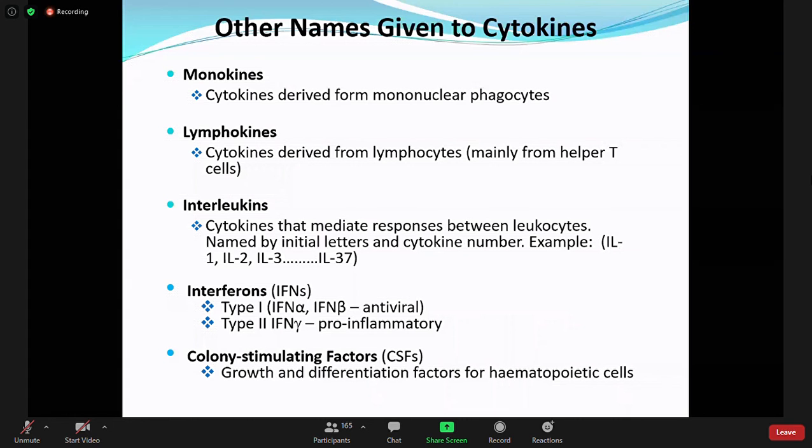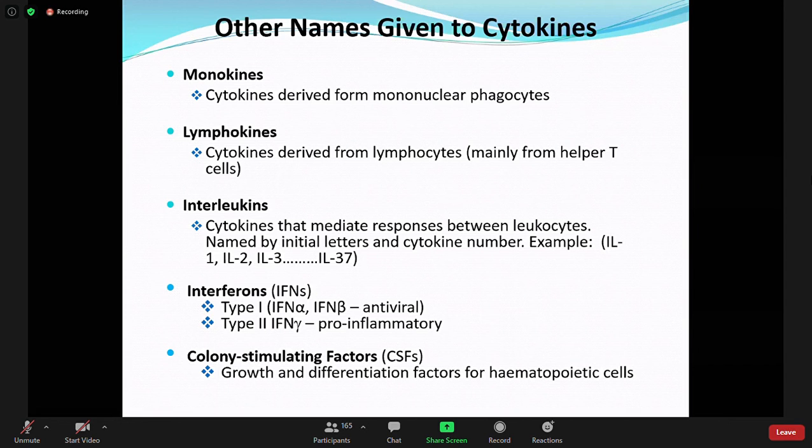Then later, during the advent of the HIV epidemic, there was a breakthrough in the discovery of the virus when they managed to isolate a particular cytokine that allowed lymphocytes to grow in culture. And because they could then expand lymphocytes, they could see this HIV virus infecting these lymphocytes.